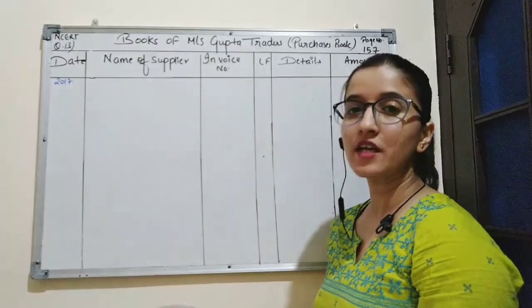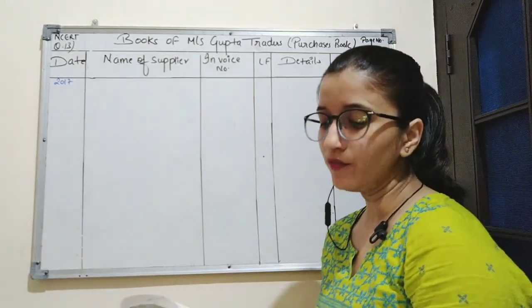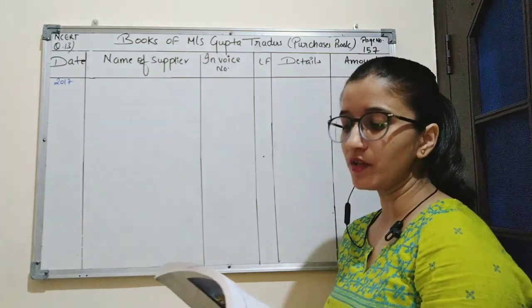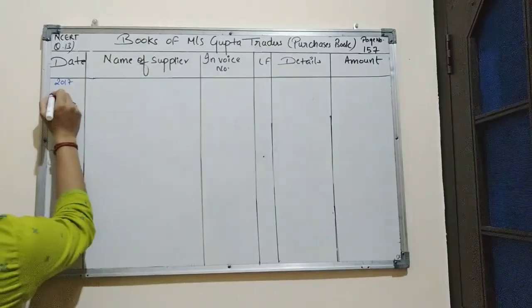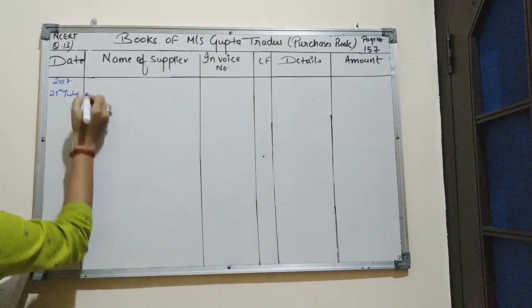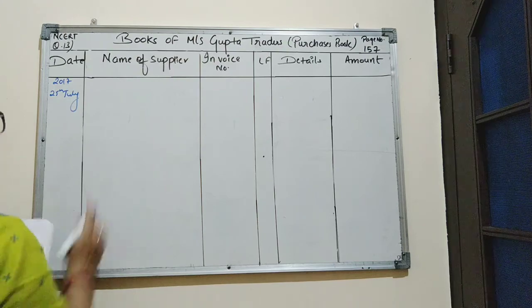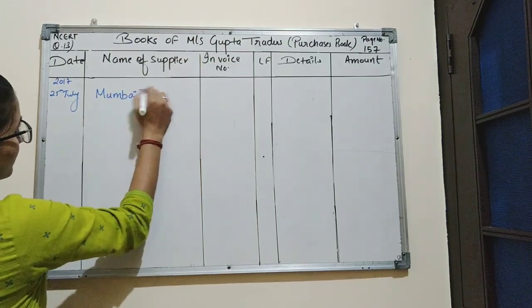Now the next transaction is on 25th July 2017. Bought from Mumbai Traders as per invoice number 1111. So transaction date is 25th July. Name of trader is Mumbai Traders.